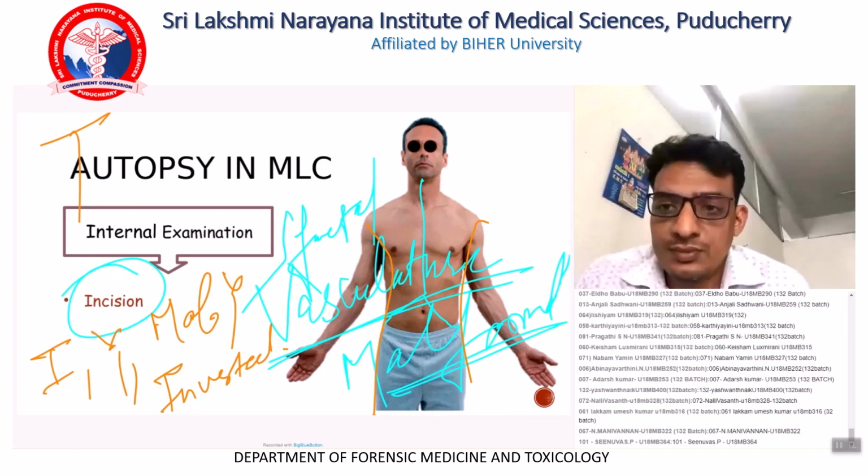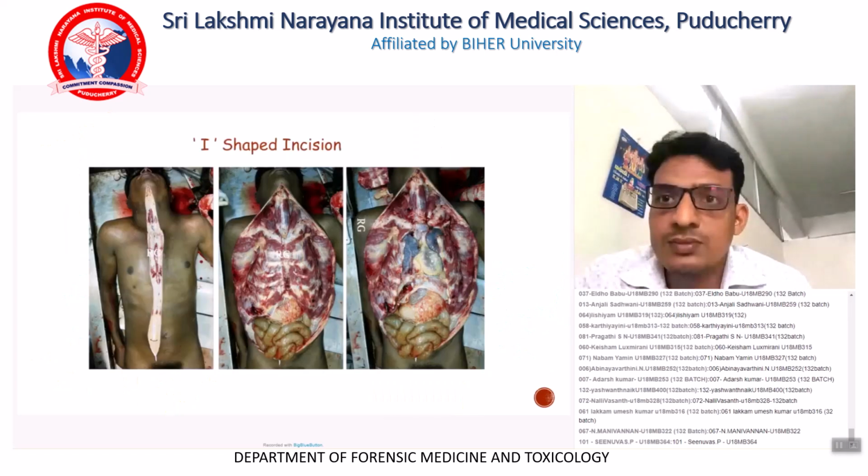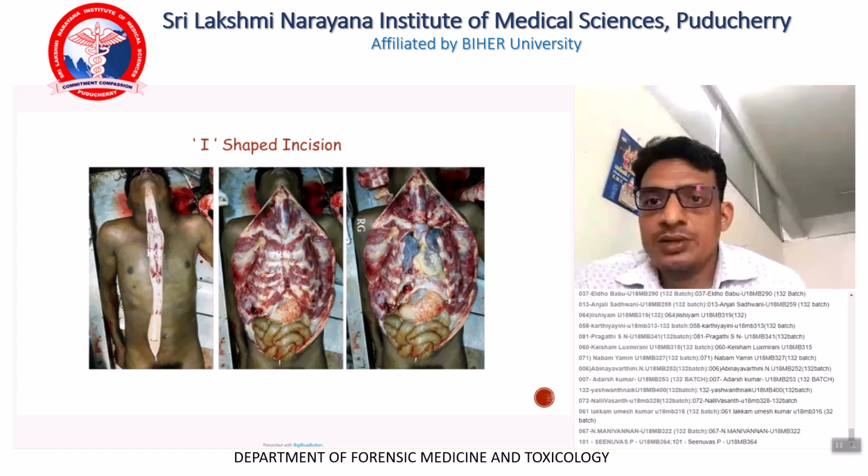This is an example of I-shaped incision. As you can see, from mentum to pubic symphysis, we have gone a little to the right of the body. Then we extend the incision on both sides. Dissecting into the muscle plane, fat plane, all has been taken into one section.